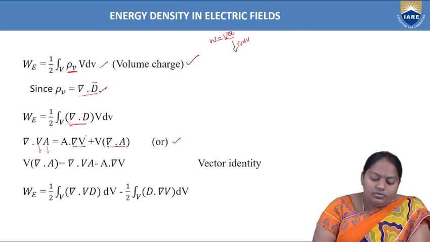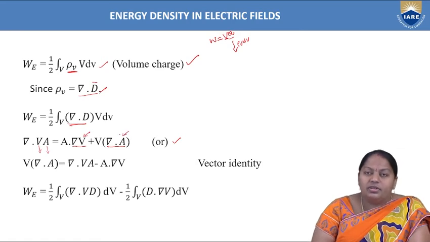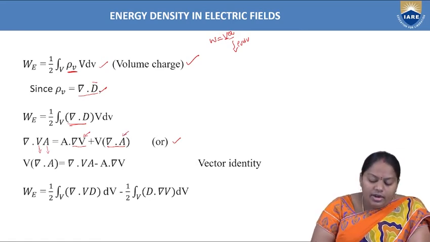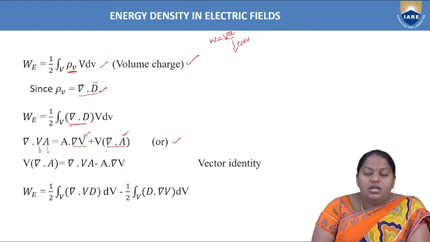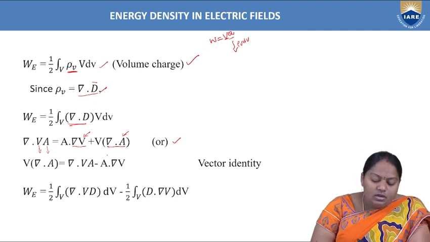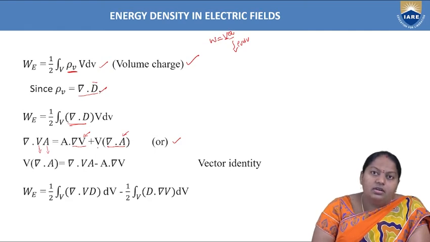V is the notation for a scalar and A is the notation for a vector. From the vector identity, we have the relation for V into del dot A: V into del dot A equals del dot VA minus A dot del V.